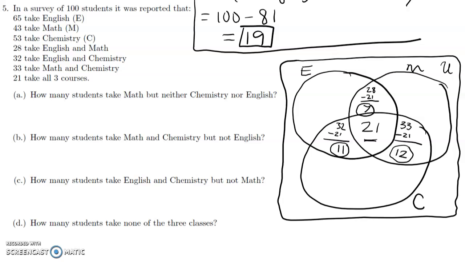Let's take a look at something like chemistry. A total of 53 people take chemistry, but remember, that would include everyone in the chemistry circle, and we've already counted a bunch of those people. So from the 53, we've already counted 11, we've already counted 21, and we've already counted 12. So we need to figure out who is left.